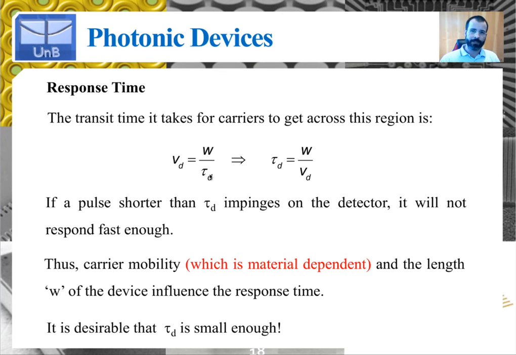And if we isolate tau d, then the transit time is just W divided by the drift velocity. So what we want is large mobilities and large drift velocities.